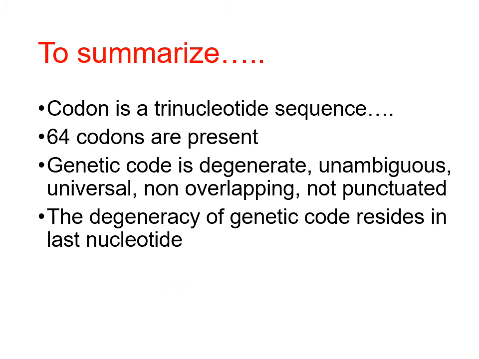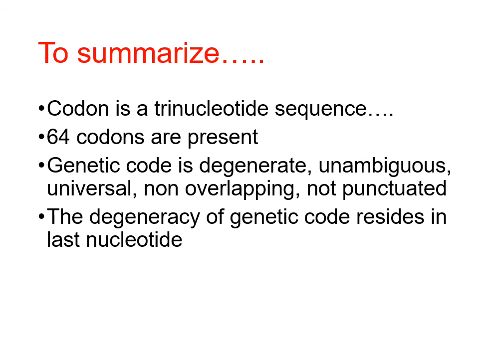To summarize, a codon is a trinucleotide sequence which codes for a specific amino acid. There are 64 codons present in the genetic code, of which 61 code for the 20 standard amino acids, and 3 of them are called the stop codons or terminator codons, that is UAA, UAG and UGA.